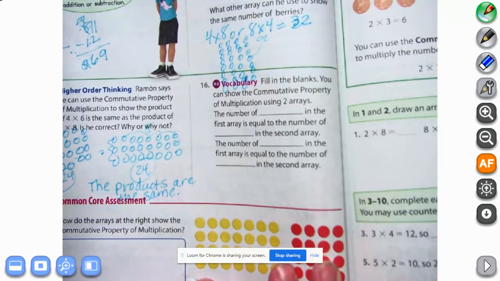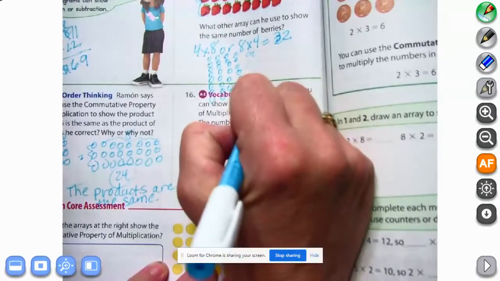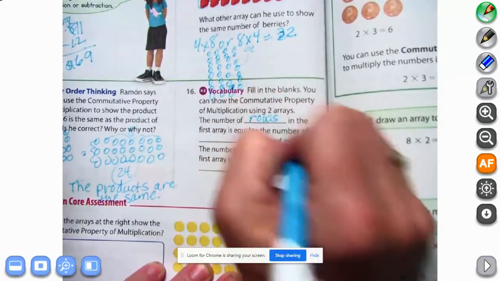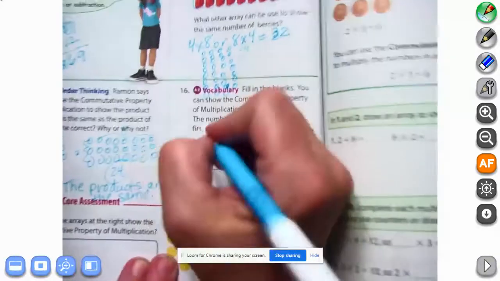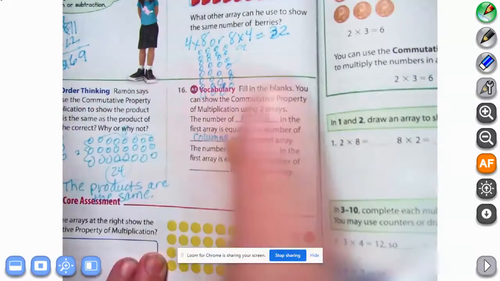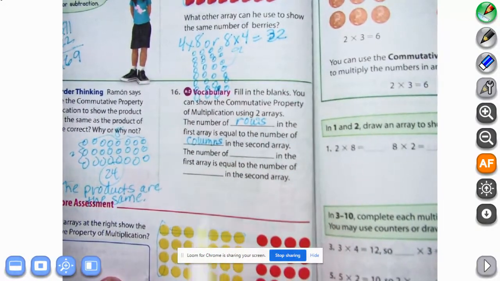And then number 16 says, fill in the blanks. You can show the commutative property of multiplication using two arrays. The number of rows in the first array is equal to the number of columns, because that's the parts that go across. So here's the row and here's the column, okay?